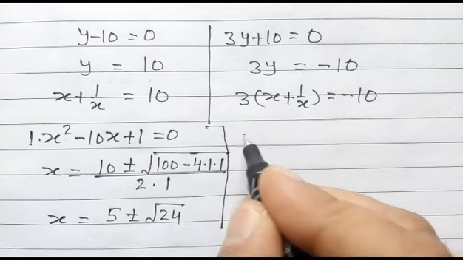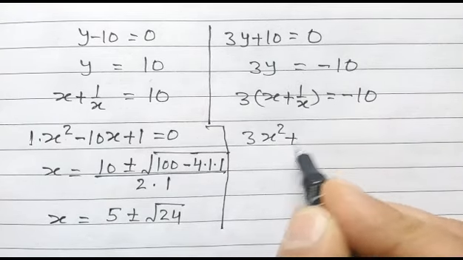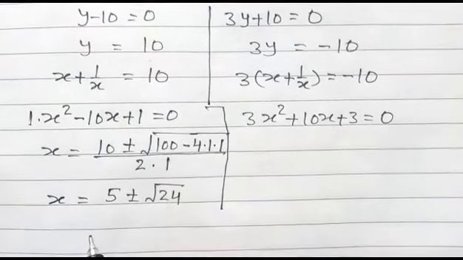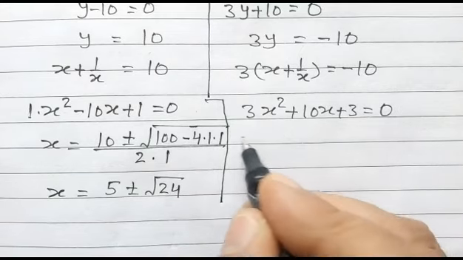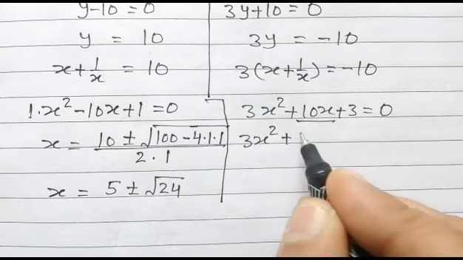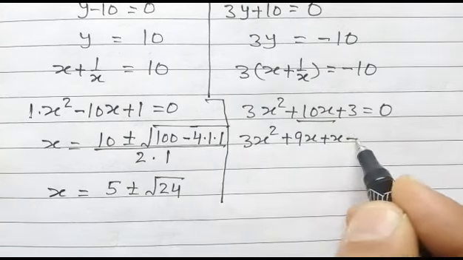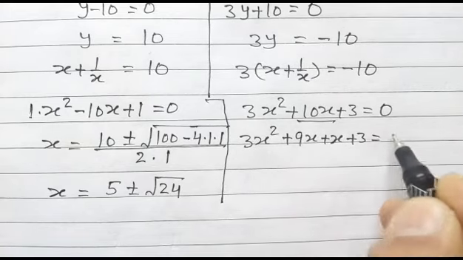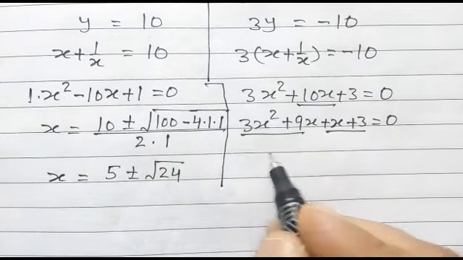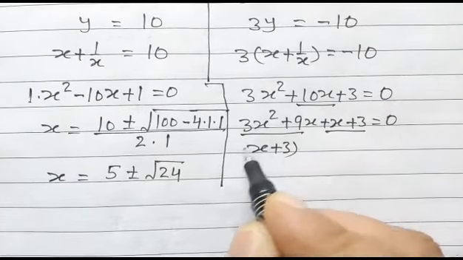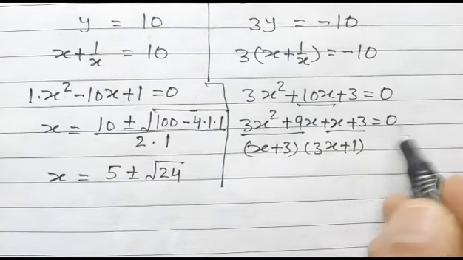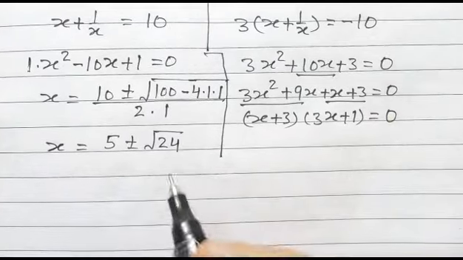If we solve this, we get 3x² + 10x + 3 = 0. So 3x² + 9x + x + 3 = 0. So (x + 3) and (3x + 1) will be the factors of this.